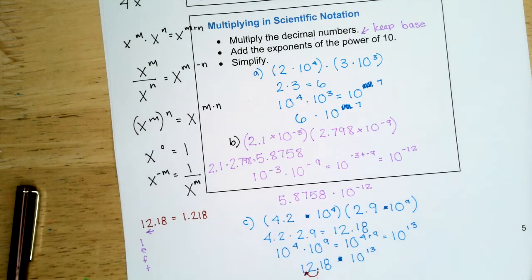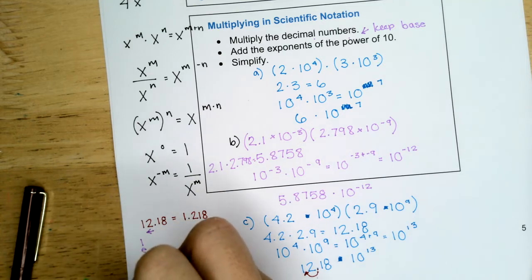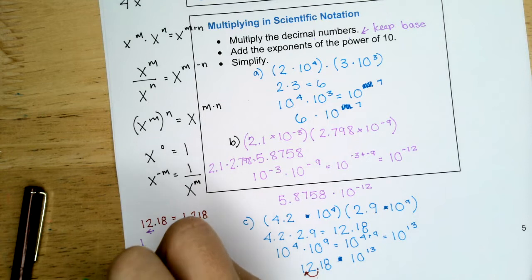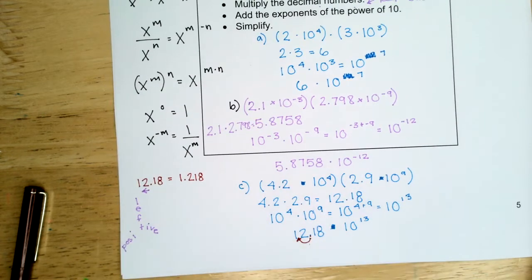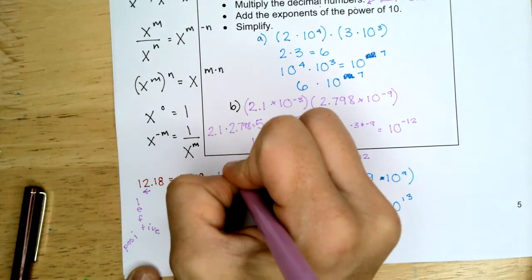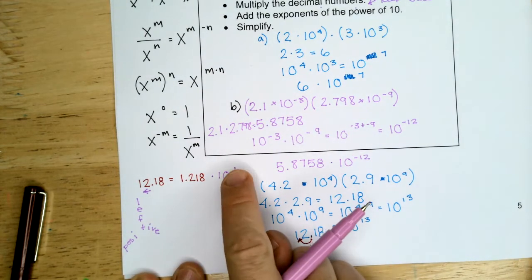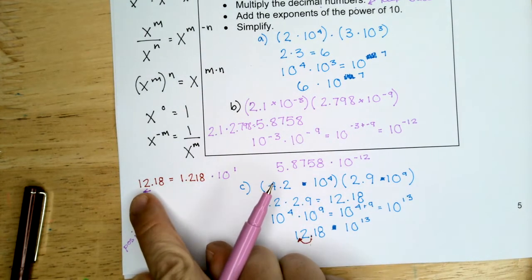If I move the decimal point left, my exponent is positive. 12.18 becomes 1.218 times 10 to the power of 1. A positive exponent because I moved the decimal left.